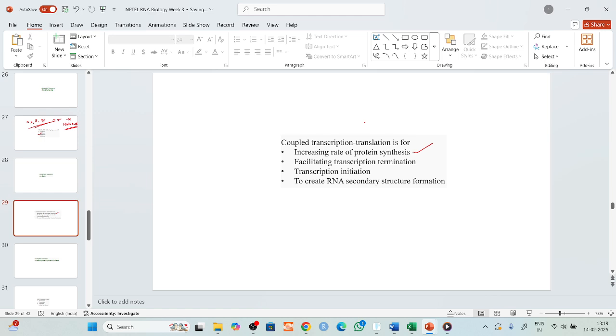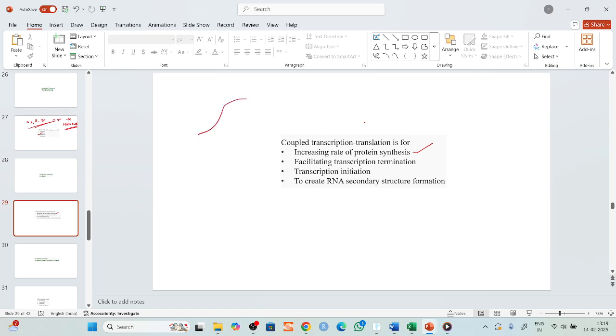In the case of prokaryotes there is no nucleus, so everything is in the cytoplasm, and cytoplasm has a reducing environment also. There are chances that if we wait for the whole mRNA to get synthesized and then start translation, the RNA might start getting degraded. So why wait?